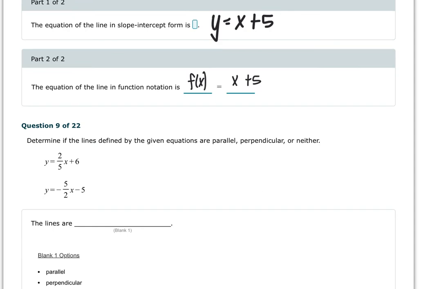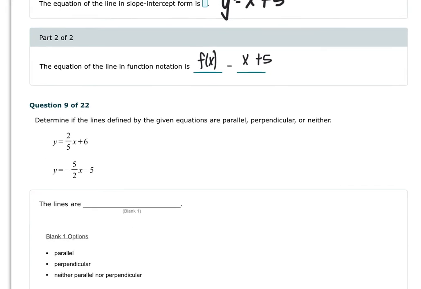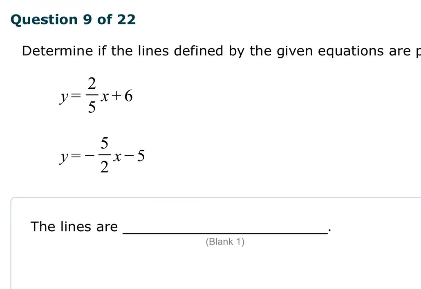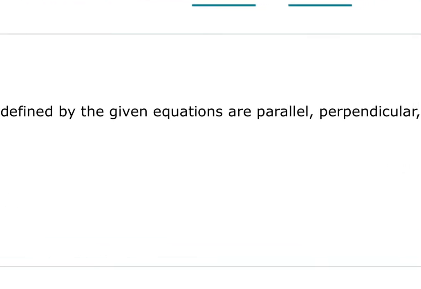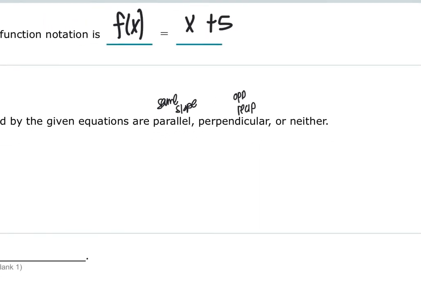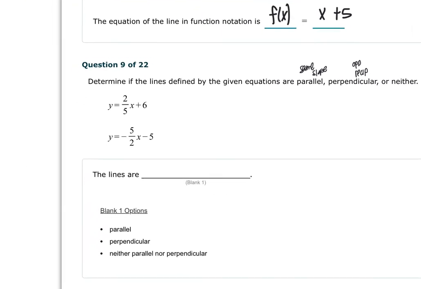On question number 9, it wants us to determine if these equations are parallel, perpendicular, or neither. So parallel lines, just remember, have the same slope. Perpendicular are opposite reciprocal, which means change your sign and flip, and then neither would be neither parallel nor perpendicular.